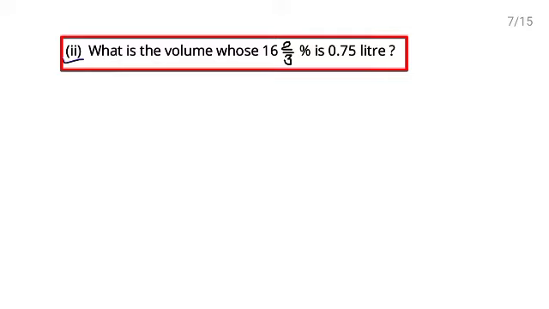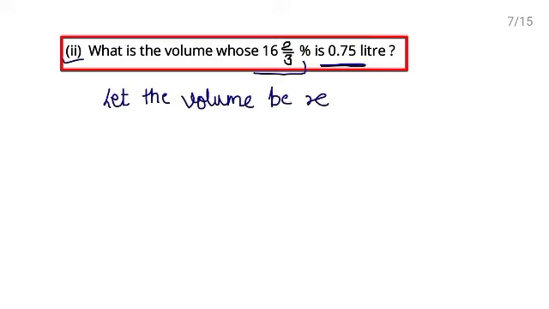Next part, second part is what is the volume? Volume find out करना है whose 16 whole 2/3% is this, right? So let the volume be, मान लेते हैं वॉल्यूम क्या है x. Then whose 16 whole 2/3%?